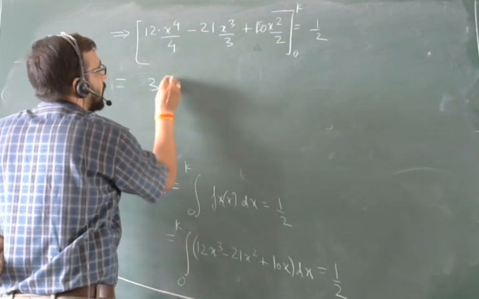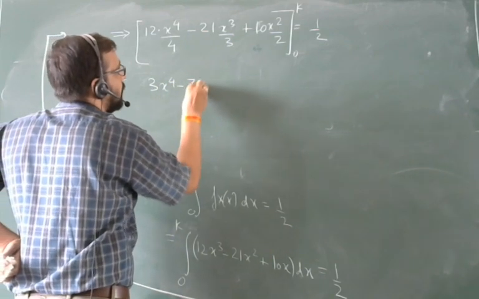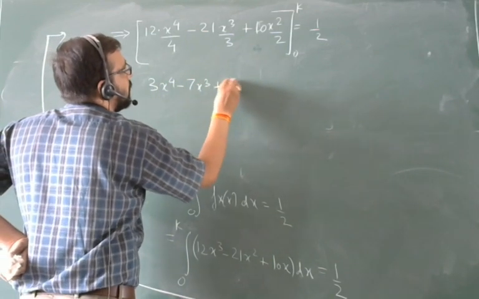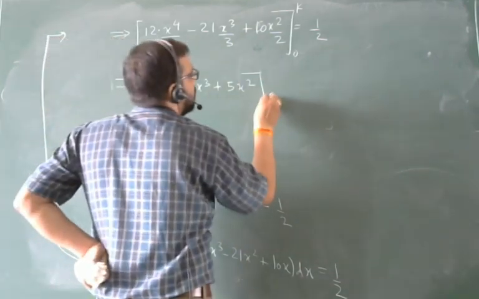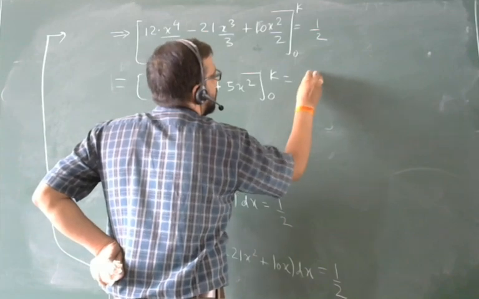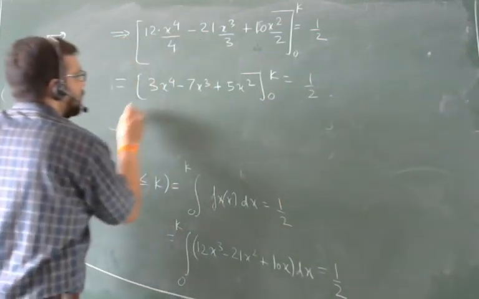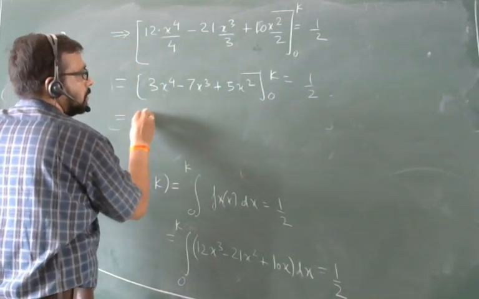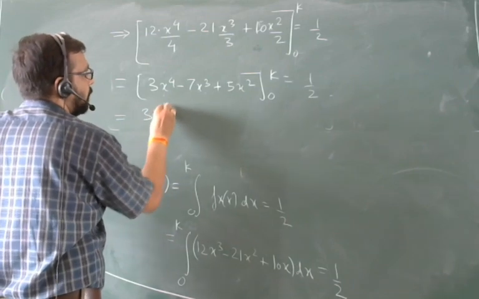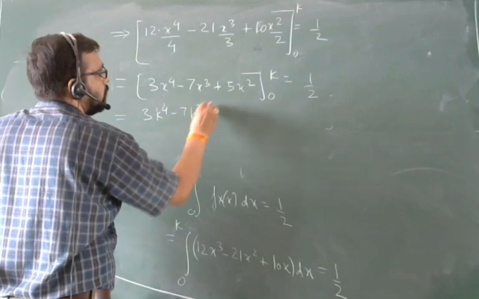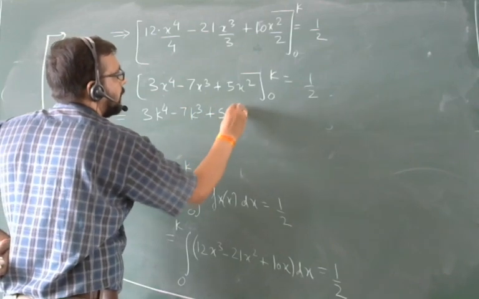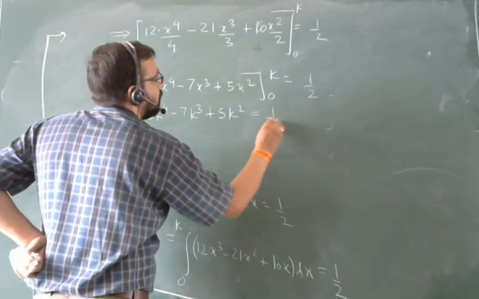That is 3 x to the power 4 minus 7 x cubed plus 5 x squared, with limit from 0 to k, equal to 1 upon 2. Now placing the limit, 3 k to the power 4 minus 7 k cubed plus 5 k squared equals 1 by 2.